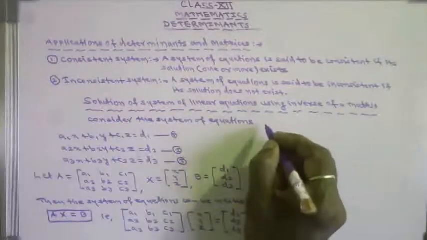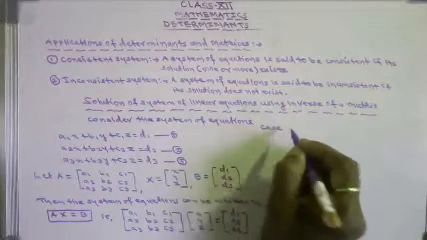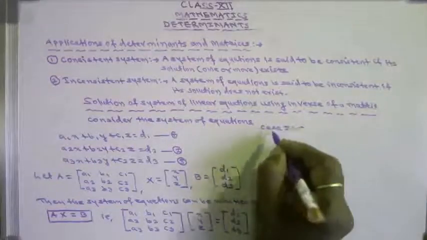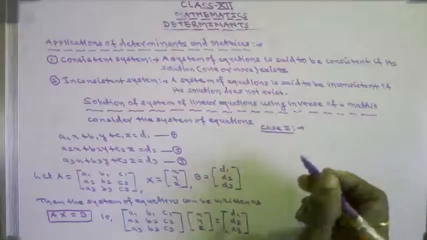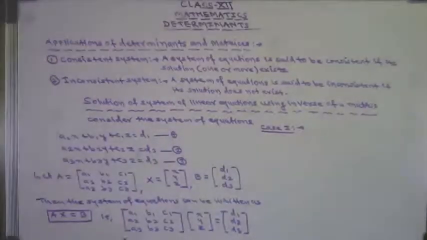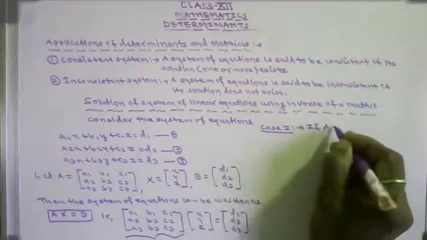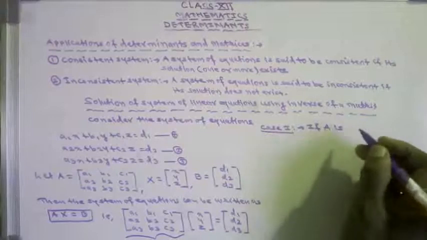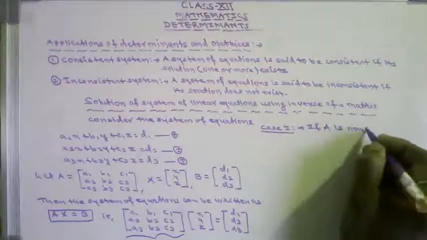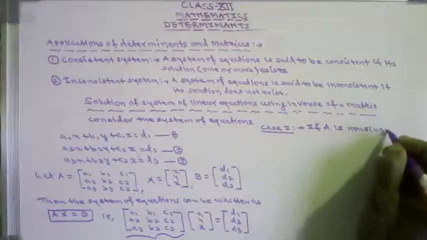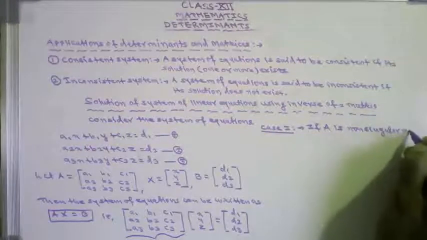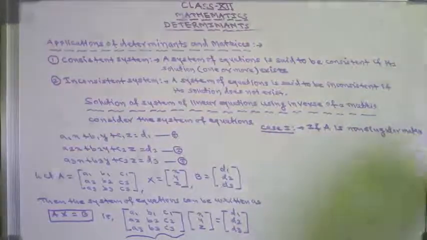Okay, now case 1: if this capital A matrix is a non-singular matrix, we have discussed this in the previous class.